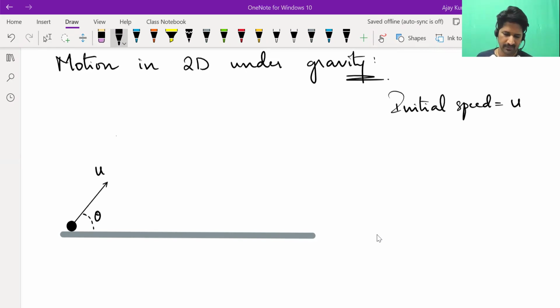Now what you are expected to do is you should be able to tell everything about this object. What is going to happen to it till it strikes the ground again. Means as long as it is under gravity, what is going to happen to this object is what you should be able to say.